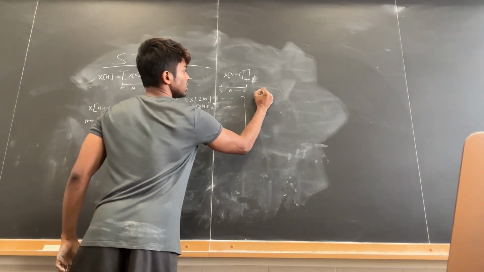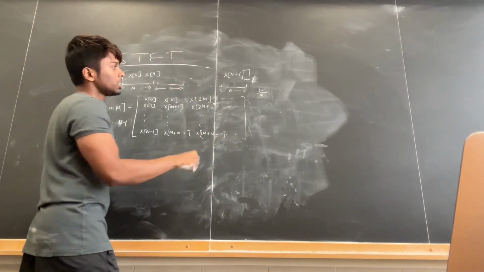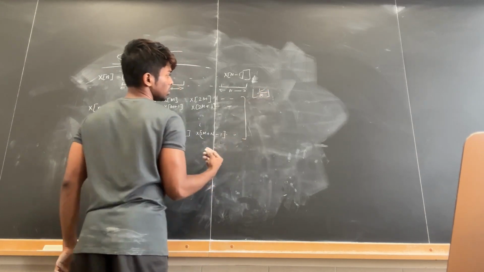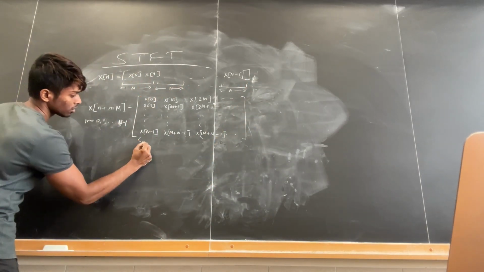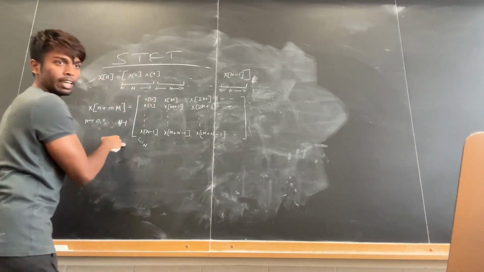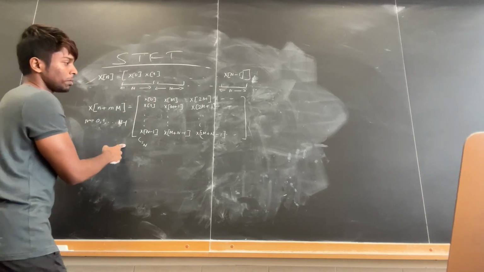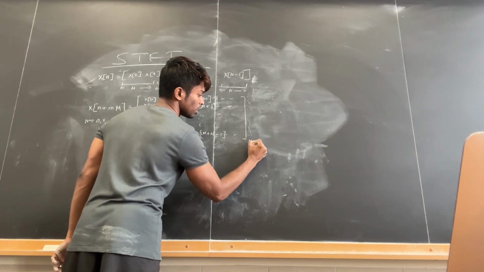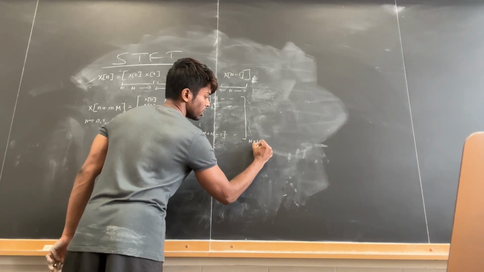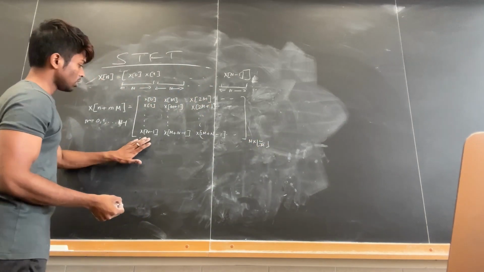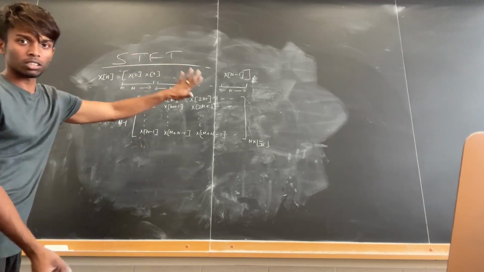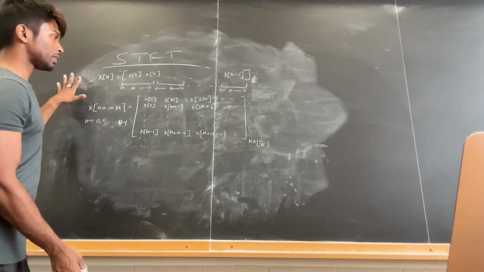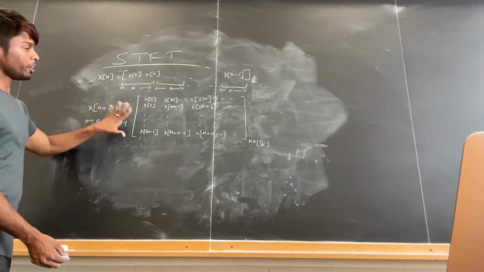It can be L by n, the closest integer to it, which should be a floor value. So every column has a length n, and the rows are all the segments, which can be L by n. So it should be something like n cross floor of L by n. So this is the dimensionality of this particular representation of the same signal. So we are representing the same signal in a different manner.